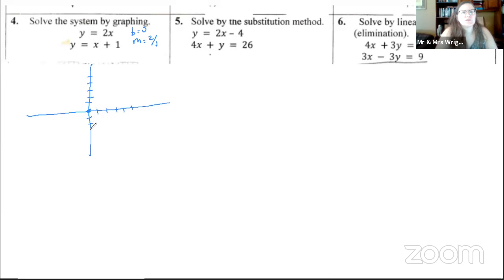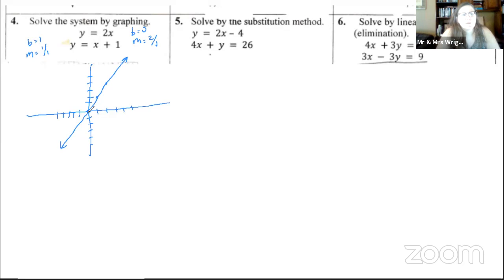So we're going to start right here at the point of origin, the 0, 0. And then I'm going to go up 2 and over 1, up 2 and over 1. And then I know that I've got a line kind of like that. And then here, my b is going to be 1, and my slope is 1 over 1.